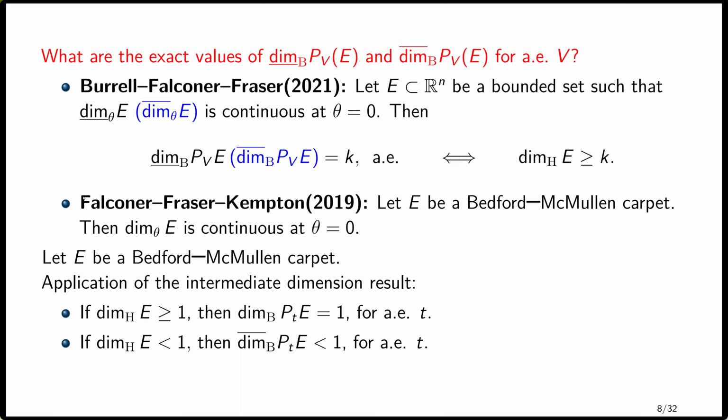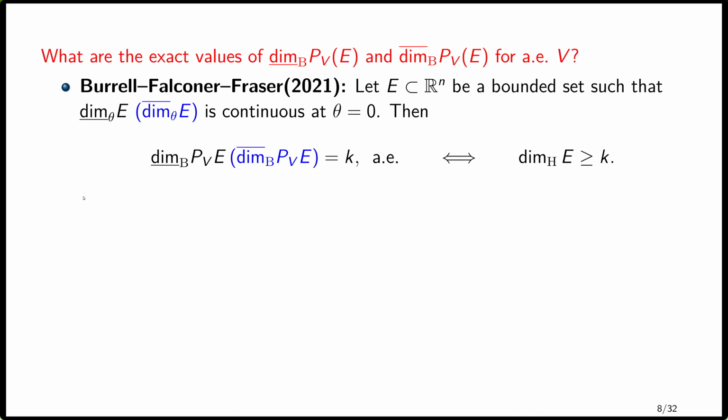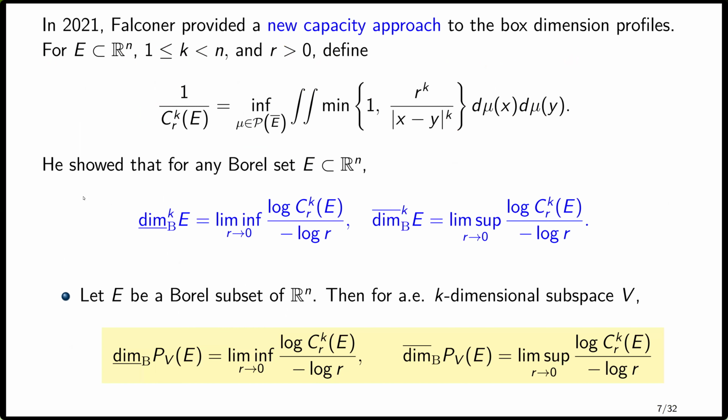We know that it is a constant, and that constant is the dimension profile, as I emphasized several times, and I want to emphasize it again. The lower box dimension of the projection set is constant almost everywhere, and this constant is called the dimension profile.